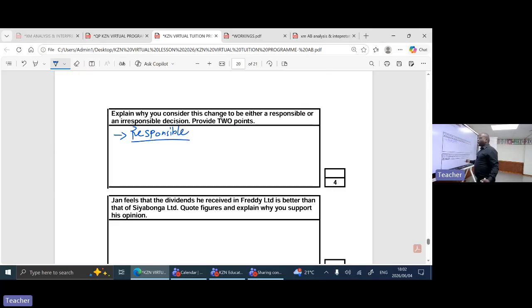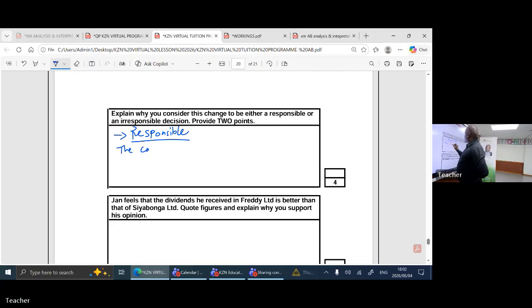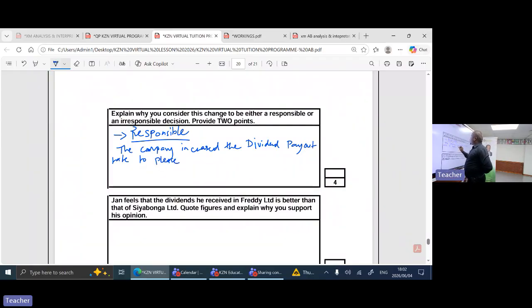If you choose responsible, the first point that you can mention is that the company increased the dividend payout rate to please or satisfy the existing shareholders.